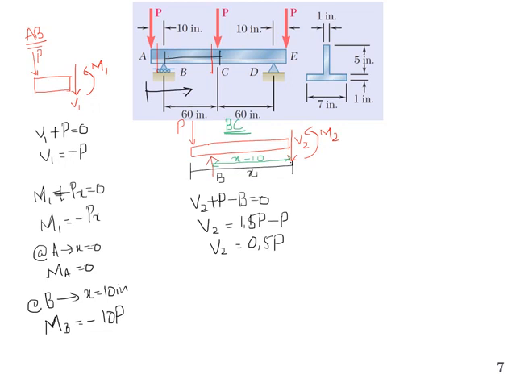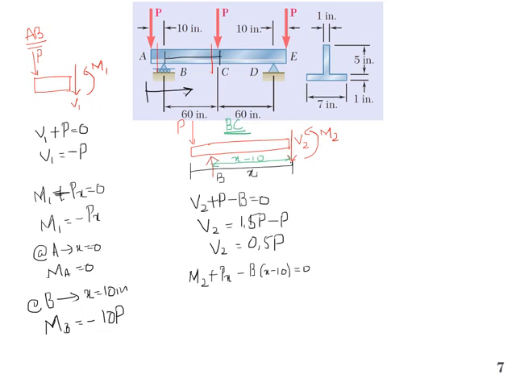Now, moment. Let me write M2: plus P times X minus B into X minus 10 is equal to 0.